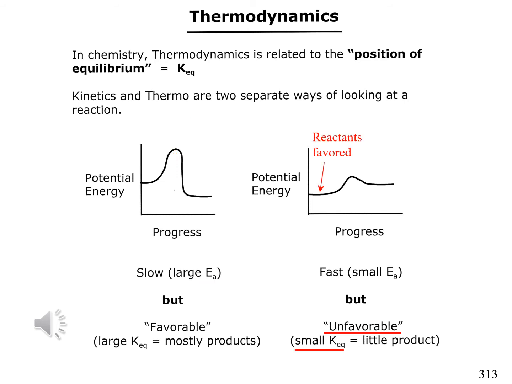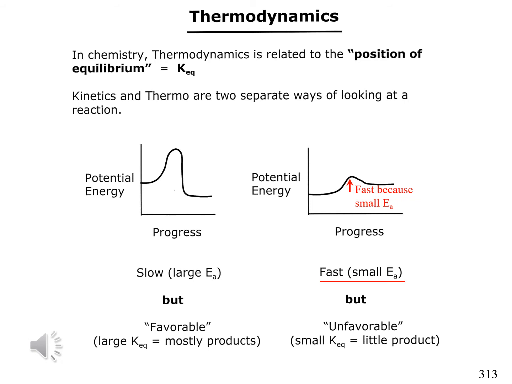I showed you that in this one, the reactants are favored, and so they're not going to react very much because there's going to be way more reactants than products. But in this one, it's going to be very fast because it's a small energy of activation. So it sets up an equilibrium right away, but you don't get any product.